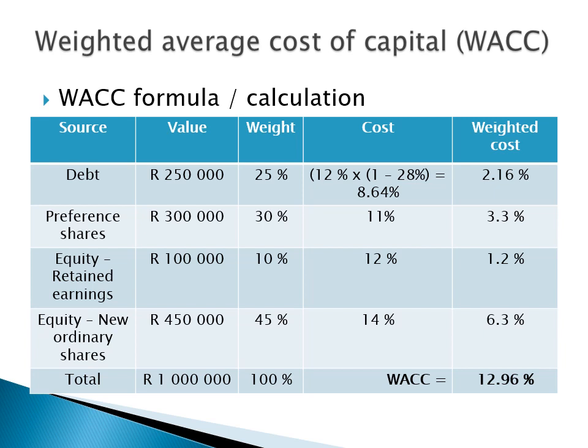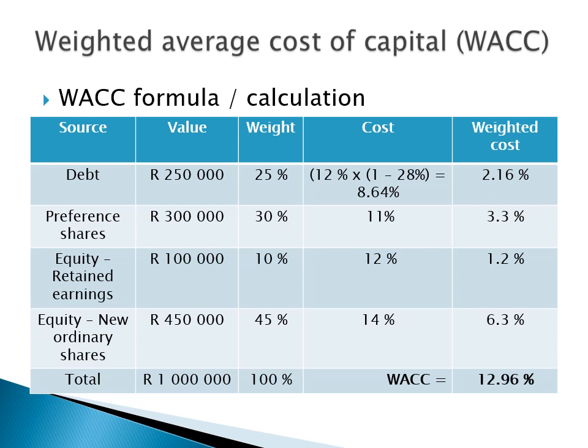The next step is then to calculate the weighting of each one of these sources. So starting with debt, 250,000 of the total value of 1 million rand of funding in the business comes from debt. So 250 divided by the million is 25% that comes from debt.